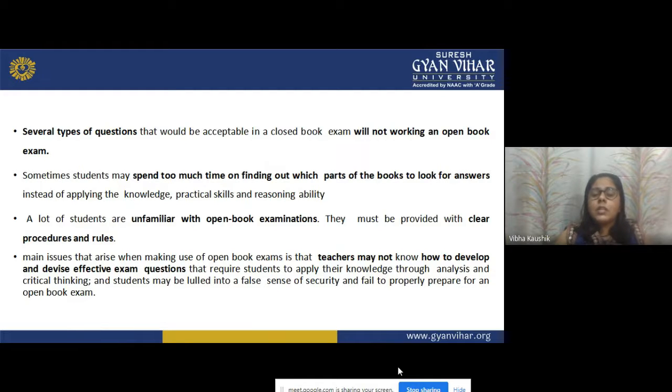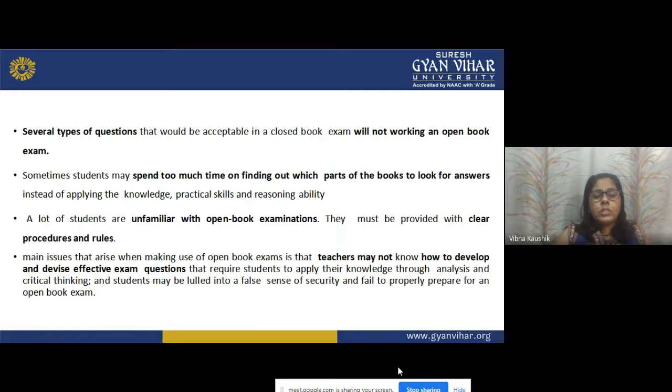The students are spending maximum time searching for information or looking for answers in the books, and they are not focusing on how to apply the knowledge, practical skills, and reasoning abilities.